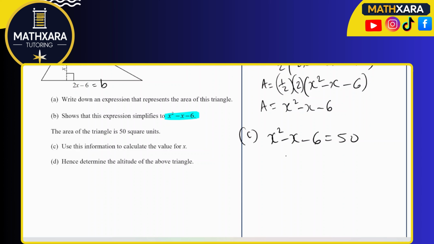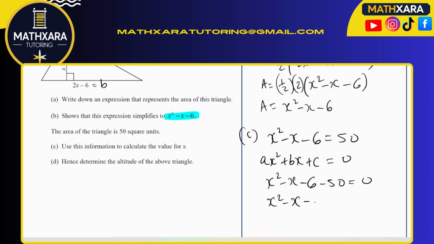Now, if you notice, this is a quadratic equation, but it's not of the form ax squared plus bx plus c equals 0. So we're going to rewrite it by subtracting 50 from both sides, which would be x squared minus x minus 6 minus 50 equals 0, which simplifies to x squared minus x minus 56 equals 0.